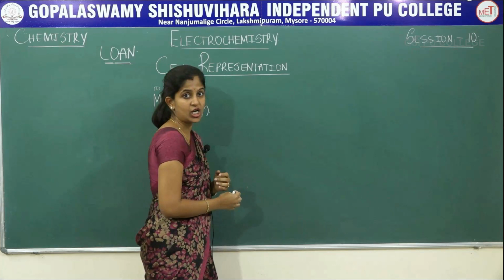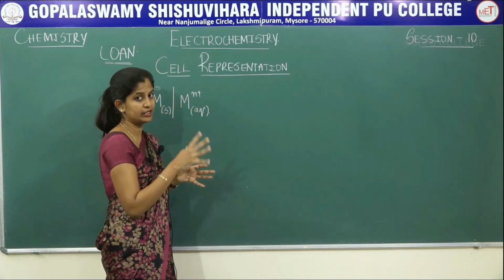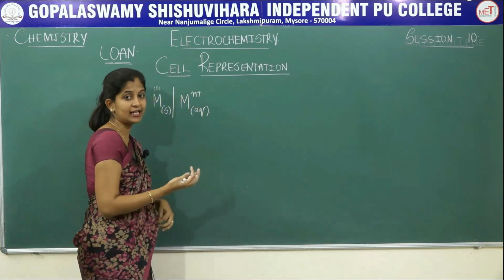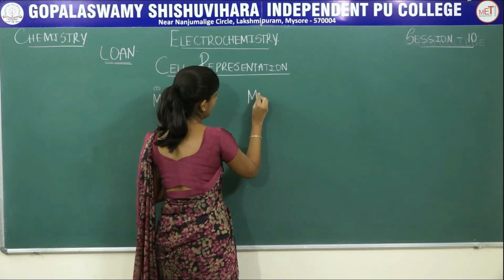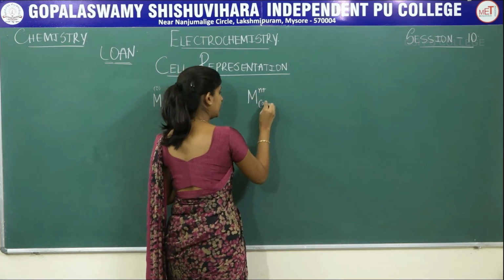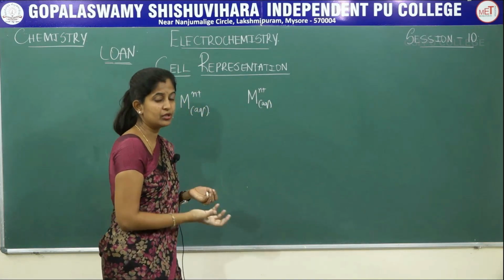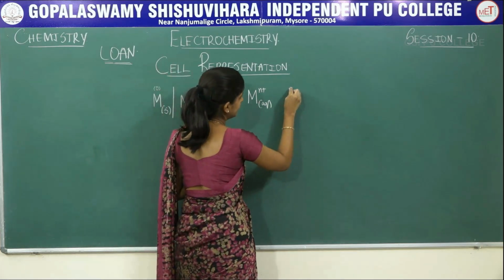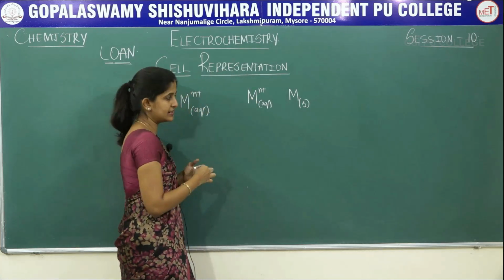The right side is your cathode, so it undergoes reduction and it is positively charged. So on the right side I have to write it down. What is happening on the cathode? Reduction is happening, that is, the Mn plus aqueous ions present in your electrolytic solution grab electrons from the electrode. As a result, they are reduced into metal. I think you could understand.